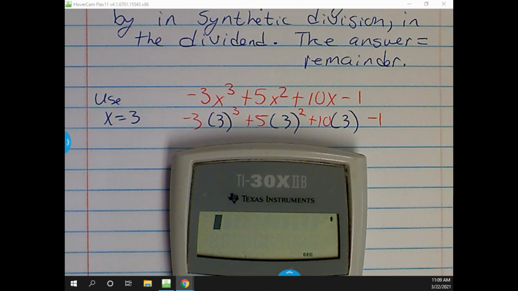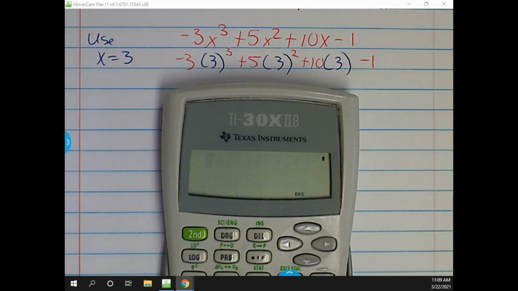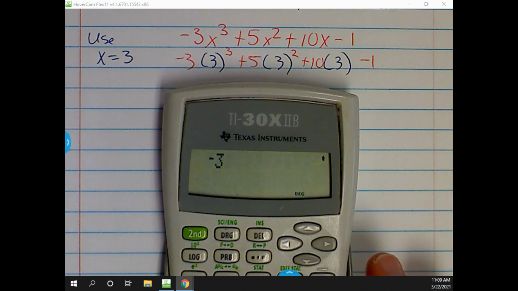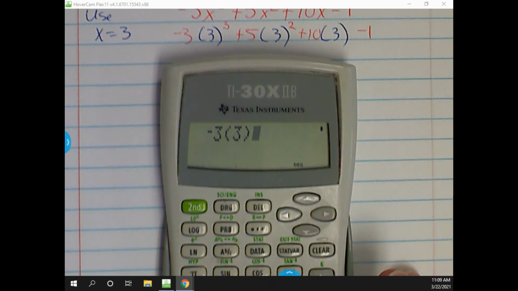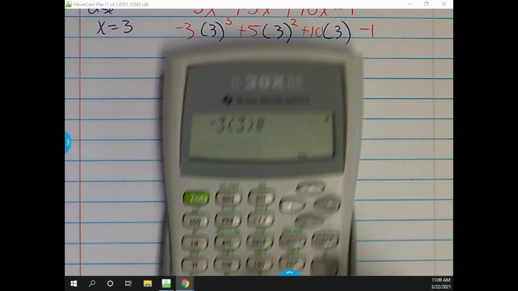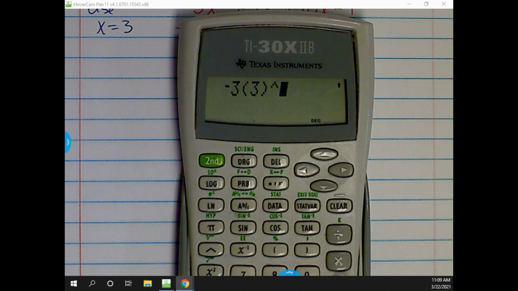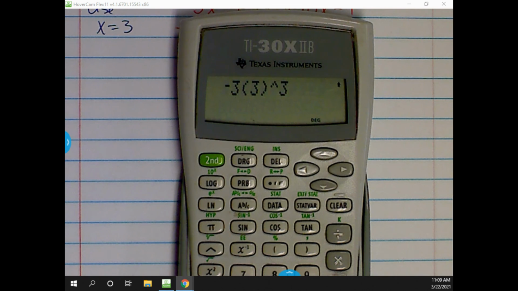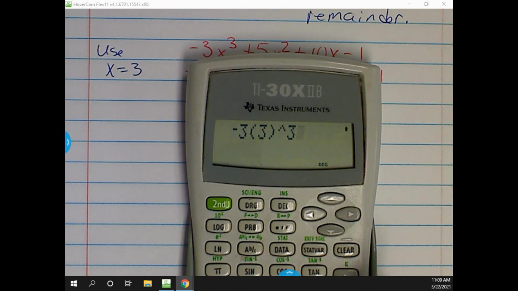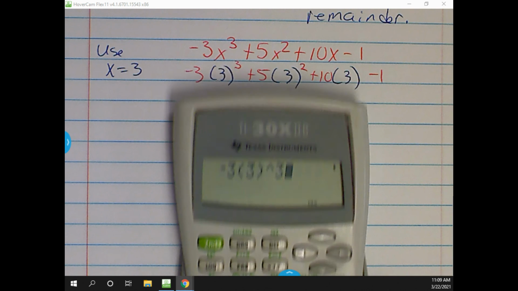Okay. So we're going to do -3 times 3. Now, this one doesn't have a 3rd power button. If you have a calculator like this, the rooftop or arrow button that's right here on the Texas Instruments, if you hit that rooftop button, that's your power button. So that would be the 3rd. And then everything else you should be able to plug straight in like it is.